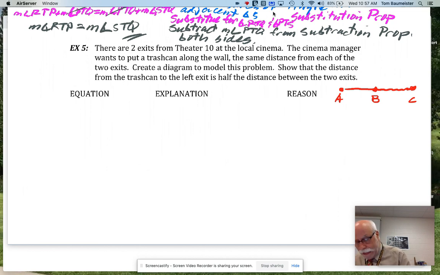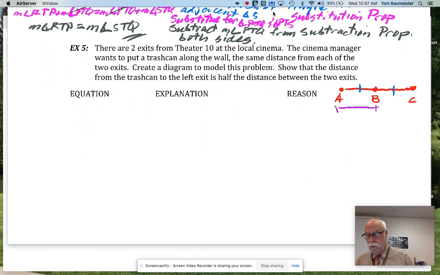So if it's the same distance, I know that I'm going to put tick marks there to show that AB is equal to BC. Oh, I just kind of showed you something there, didn't I? All right. And then again, what we're trying to find is this length here and make sure it's half the distance, which we will find out.